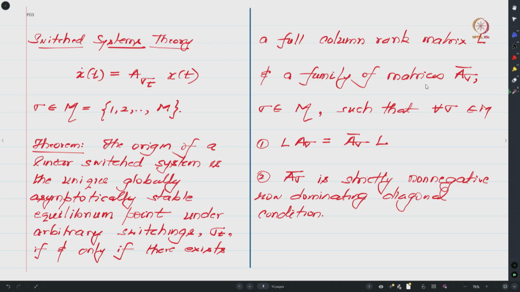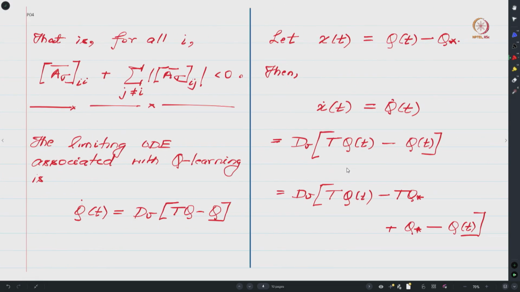Furthermore, you require that this A bar sigma have a strictly negative row dominating diagonal condition. What does that mean? It means that you look at the ith diagonal entry of this matrix A bar sigma, and then you look at all the off diagonal entries in the ith row, take their absolute values and sum them up.